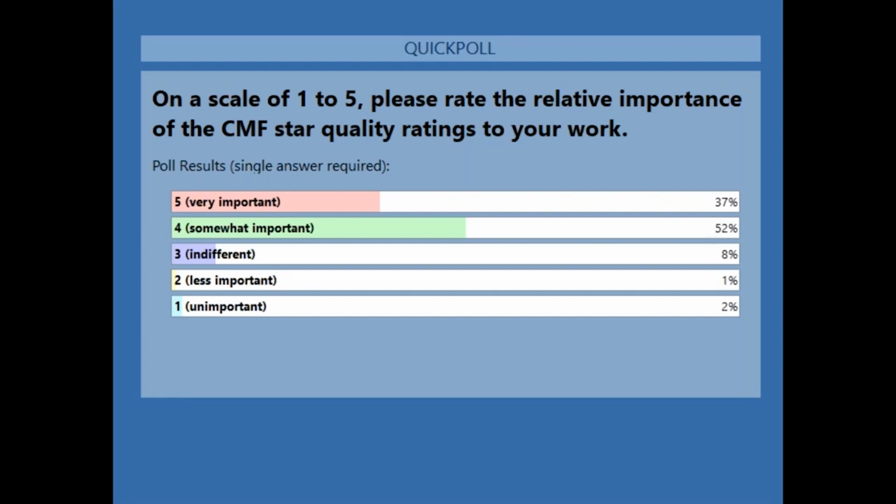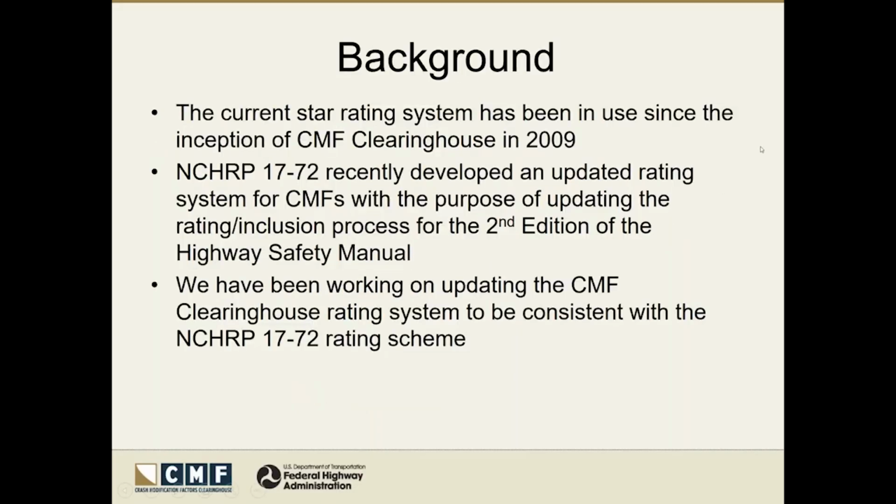Thanks, Karen. Yeah, if you could hit the next slide. Okay, just a quick review, as Jerry touched on a little bit. The current star rating system, and when I say current, I mean the previous star rating system that was in place up until this week, was established at the inception of the original clearinghouse when it was first opened up to the public back in 2009.